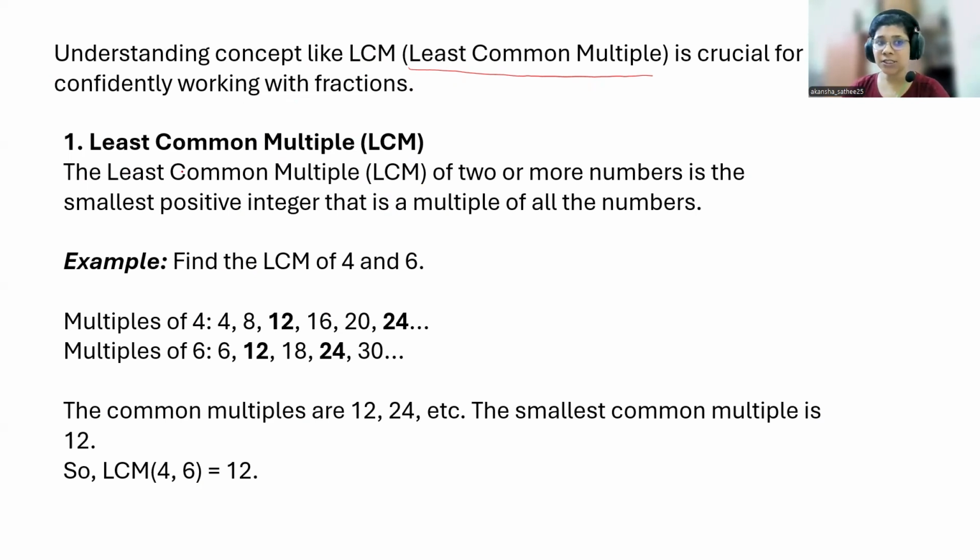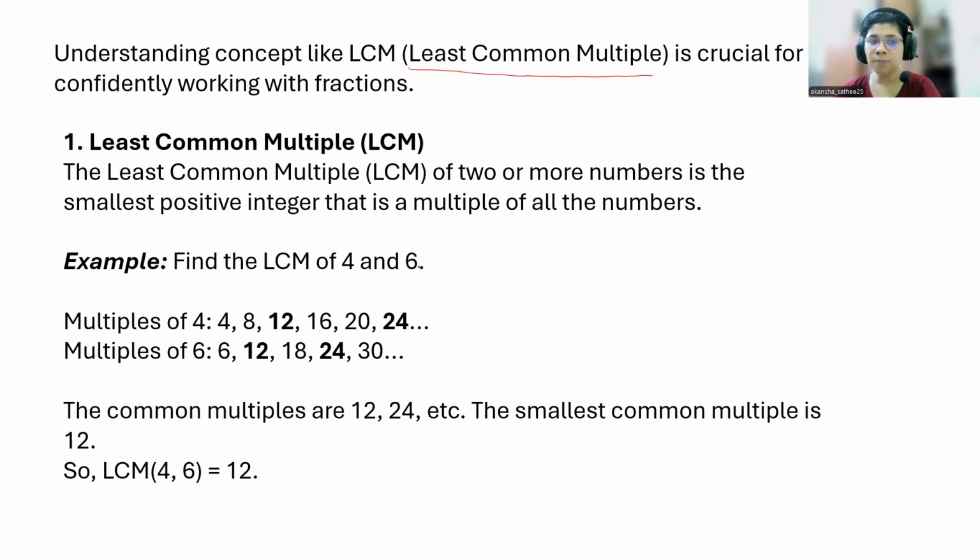The least common multiple of two or more numbers is the smallest positive integer that is a multiple of all the numbers. What does it mean? Let's see one example so that this concept is clear. LCM is the short form of least common multiple. Let's say we are interested in calculating the LCM for 4 and 6.